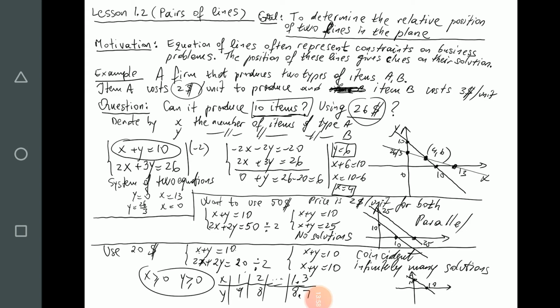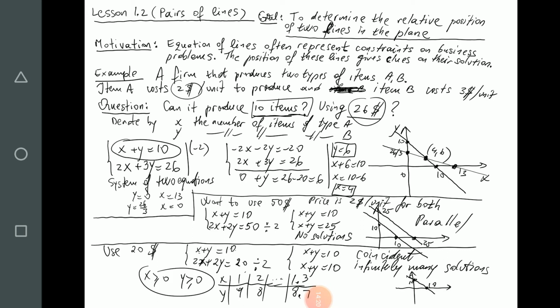But we'll deal with that later when we talk about more realistic constraints depending on the problem. So for now, let's focus on the interpretation that the relative position of two lines essentially gives you a clue on existence of solutions in problems like this. And they don't have to be business problems, but again, that was just my motivating example.